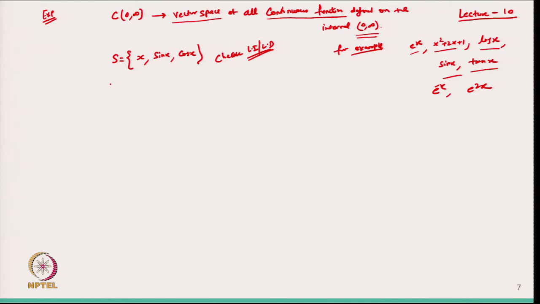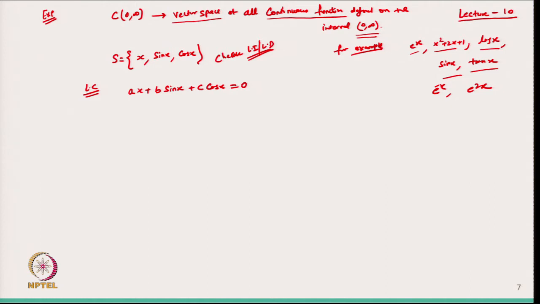In this case also, let us take the linear combination: a x plus b sin x plus c cos x equal to 0.